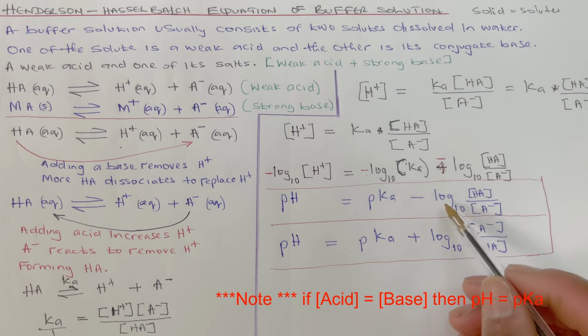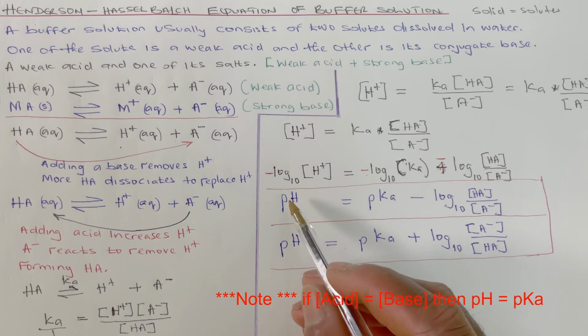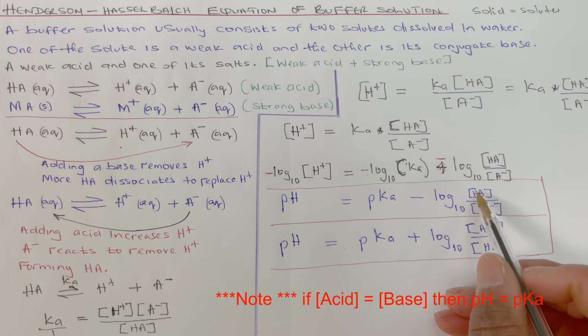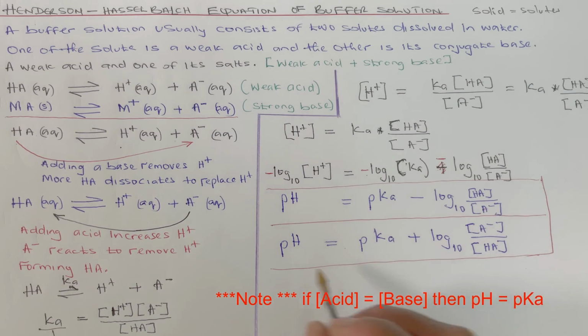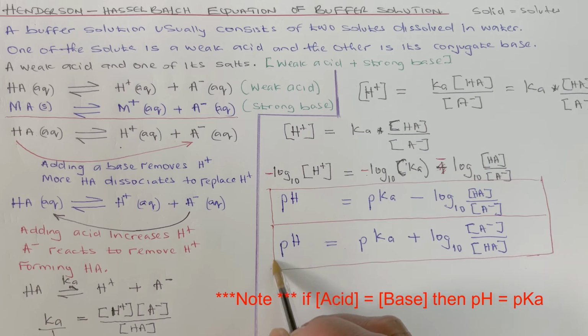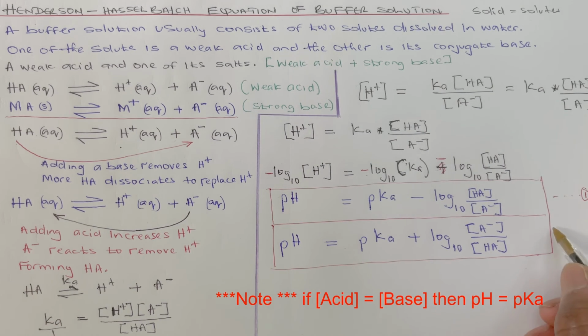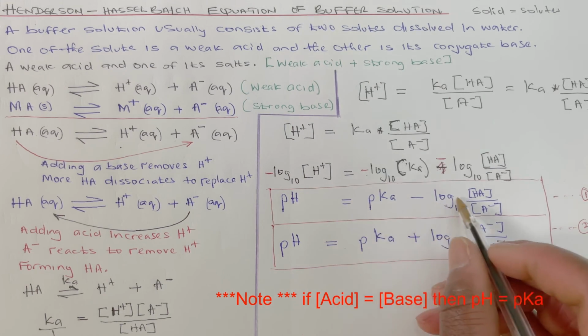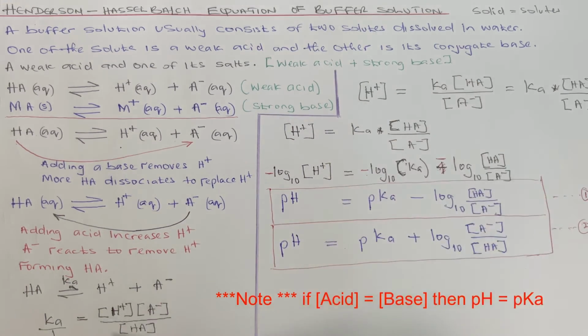So that's why the pH stays constant, because it only depends on the ratio of the concentrations of acid and base. You can use either the first equation or this one, whichever you like, but you need to remember how to write the equation, and that's the derivation for it.